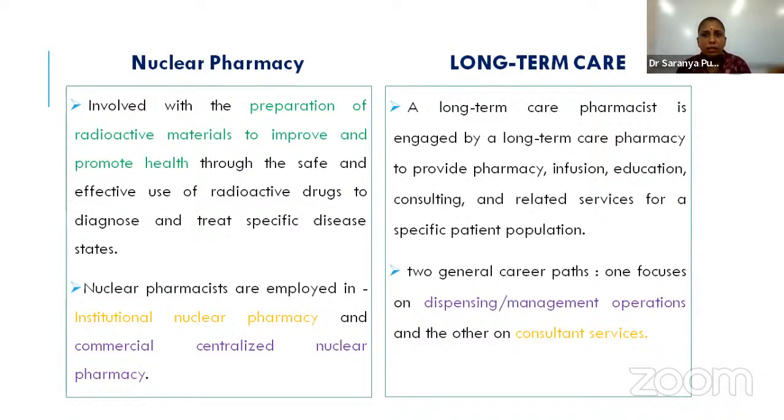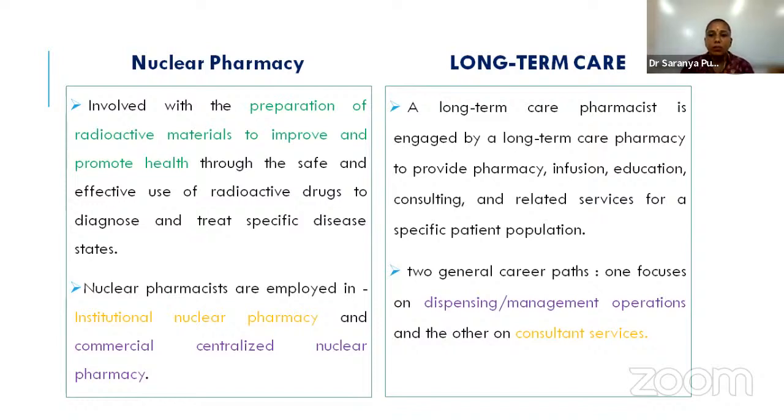And the next option is long-term care. A long-term care pharmacist is engaged by a long-term care pharmacy. So the pharmacist will provide pharmacy services, infusion, education to a specific patient population, those who require long-term care.